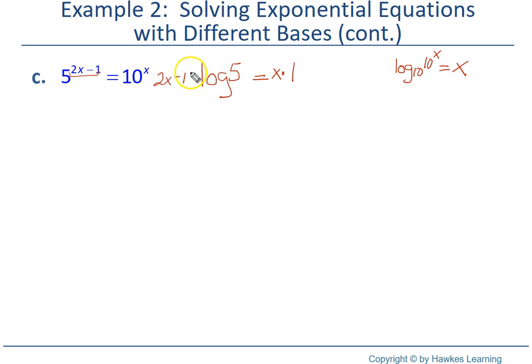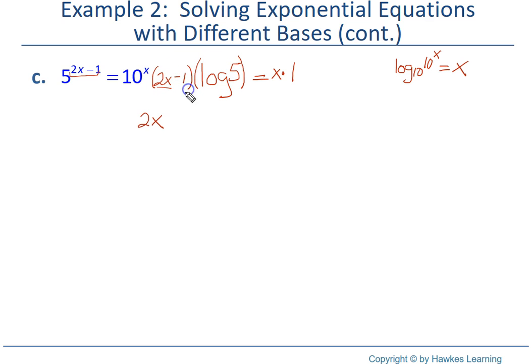So now what we're going to do is fiddle with this side a little bit. And in a sense, we can put this in parentheses if we like. And we're going to expand this. So this is going to be 2x multiplying this by this.